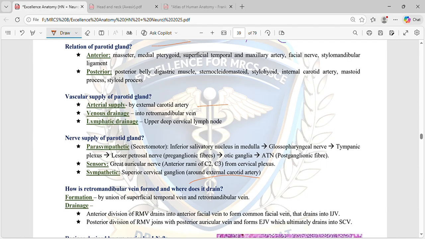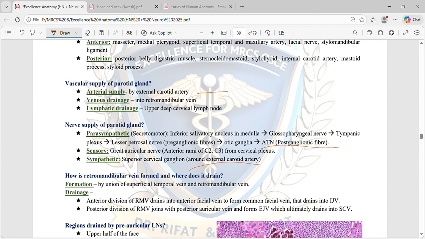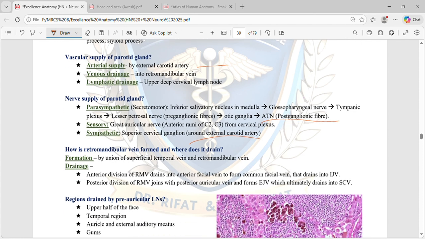Then we have the parasympathetic secretomotor: the inferior salivatory nucleus in the medulla, glossopharyngeal nerve, tympanic plexus, and the tympanic plexus gives rise to the lesser petrosal nerve, which carries the preganglionic fibers. These relay in the otic ganglion, and the otic ganglion gives the postganglionic parasympathetic fibers in the auriculotemporal nerve, and so on.